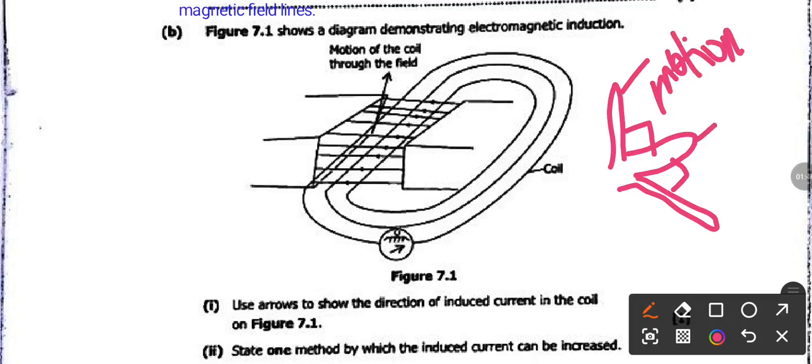Then the first finger should point in the direction of the magnetic field. Then the second finger should point in the direction of induced current.